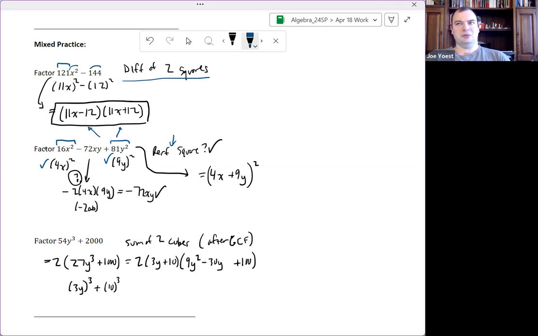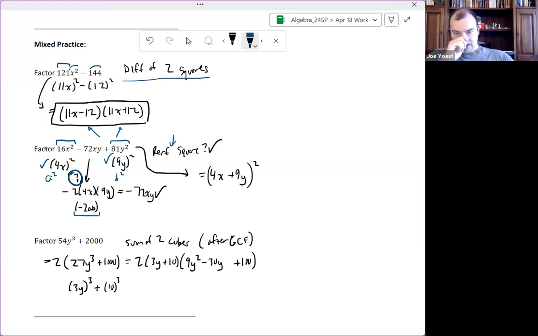But remember, I need one more piece. For a perfect square, I need three terms, two of which are perfect squares, but that's not quite enough. I also need to check my cross term, my middle term. In other words, I have an a squared plus b squared, and my cross term is plus or minus 2ab.